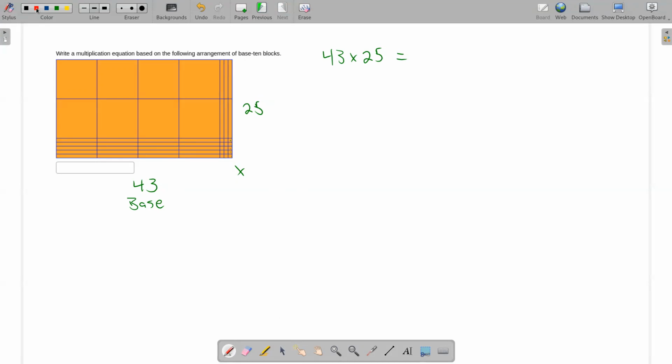So to figure out the product, I'm going to think about base 10 blocks here. So I'm going to separate, I could draw a straight line, the 10s from the 1s that way, and the 10s from the 1s this way here. So this breaks it into 4 groups, like my expanded algorithm. And so I have a group of 2 by 4, so there's 800 here.